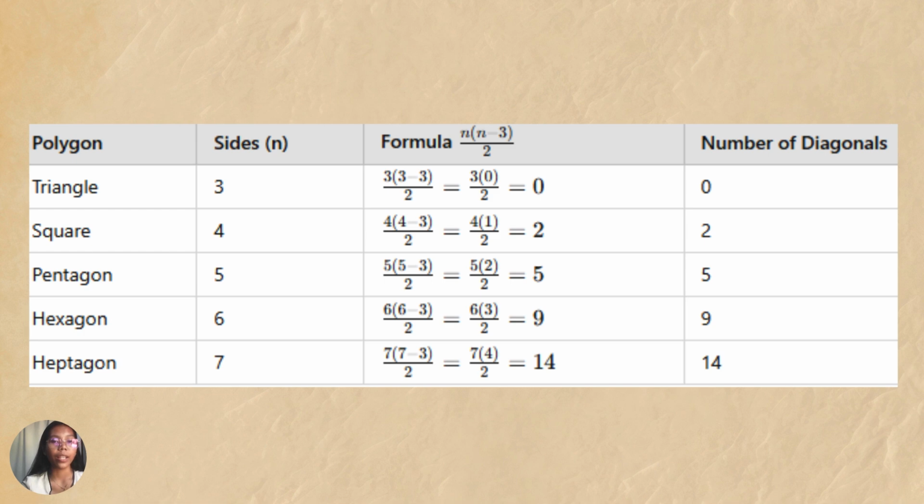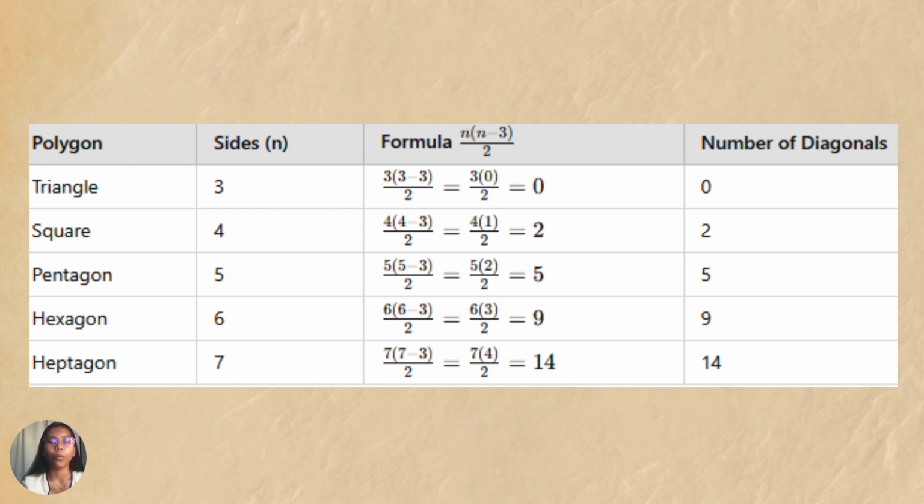So 3 minus 3, since we first compute the number inside the parentheses, equals 0. Now we multiply: 3 times 0 equals 0. So it means that there are no diagonals in a triangle.